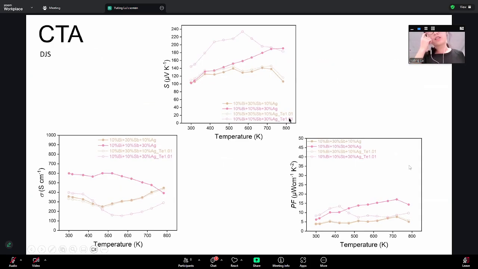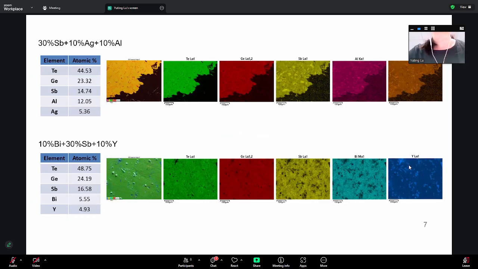So this is Chen Guang's idea, that we can add a bit more tellurium, especially to these 2 samples. For the 10% aluminum one, the sample will break after DGS, so we have to do SPS for this one.